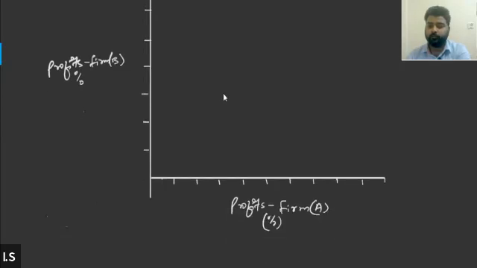Okay, so this is how we will be drawing the graph, and all the values will be presented in terms of percentage. So I'm taking a gap of 10%. So 10%, this will be 20%, 30%, 40%, 50, 60, 70, 80, and 90.